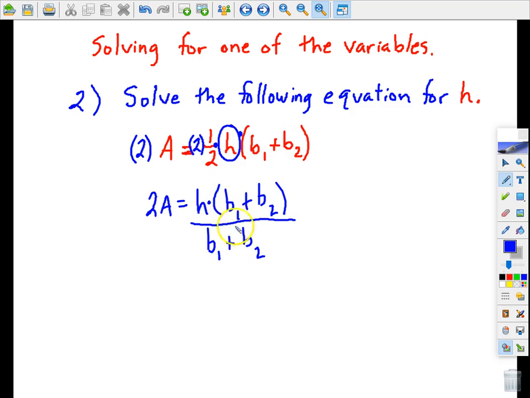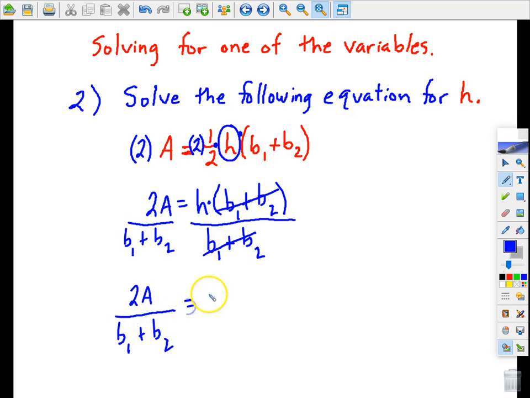So the result of this is going to be, since these are being multiplied together, these will just cancel each other. But since I divided the right side by b sub 1 plus b sub 2, I also have to do it on the left. And this is going to give me my final answer. 2a divided by b sub 1 plus b sub 2 is going to be h.